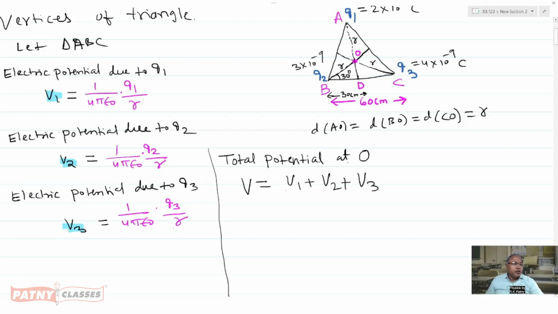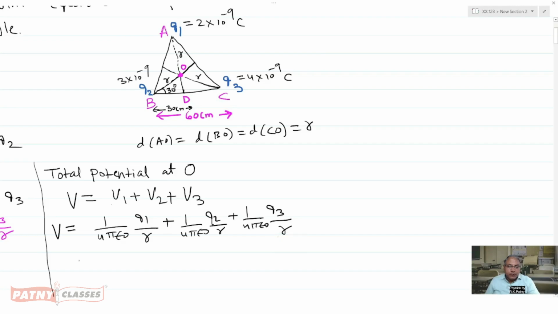Now total potential at point O, V equals the addition of all the three potentials, that is V1 plus V2 plus V3. Therefore V equals 1 upon 4 pi epsilon naught Q1 upon R plus 1 upon 4 pi epsilon naught Q2 upon R plus 1 upon 4 pi epsilon naught Q3 upon R. We can take 1 upon 4 pi epsilon naught common as well as 1 upon R common.